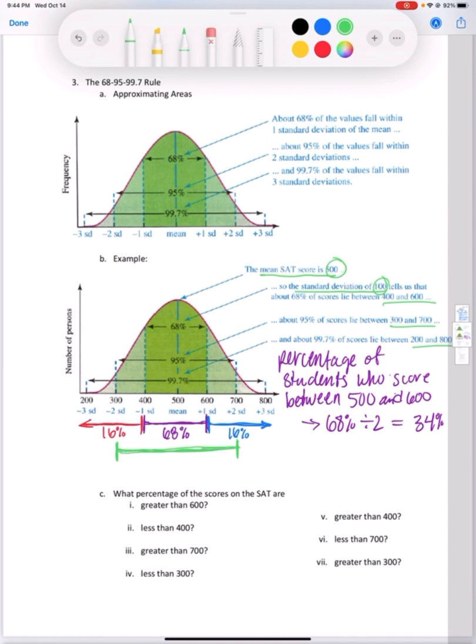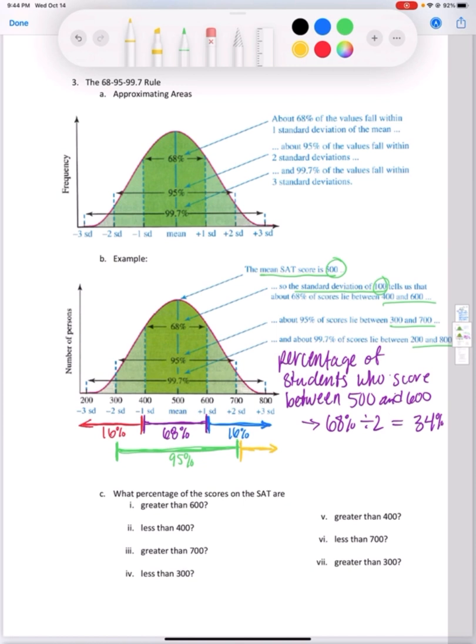Okay, so 95% of the data lies here, from this part here to this part here. We span our 95%, and we're going to use yellow. So that means that from 300 to 700, 95% of the people scored those scores.